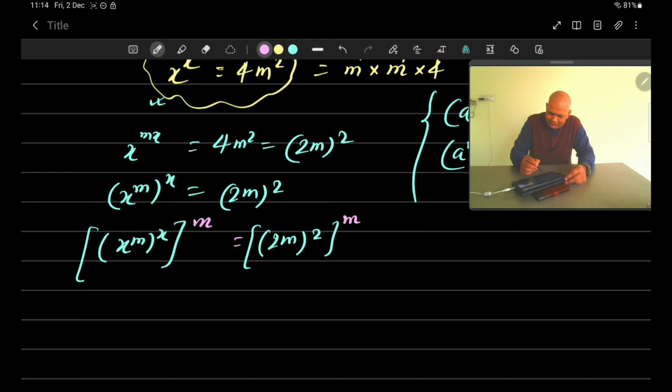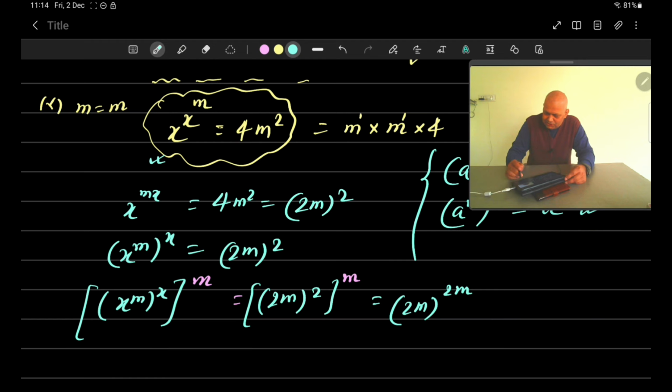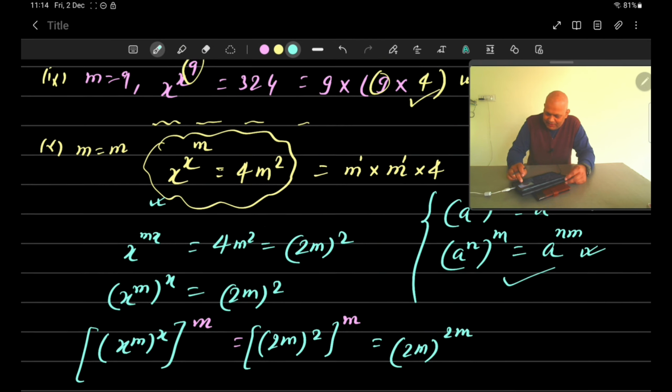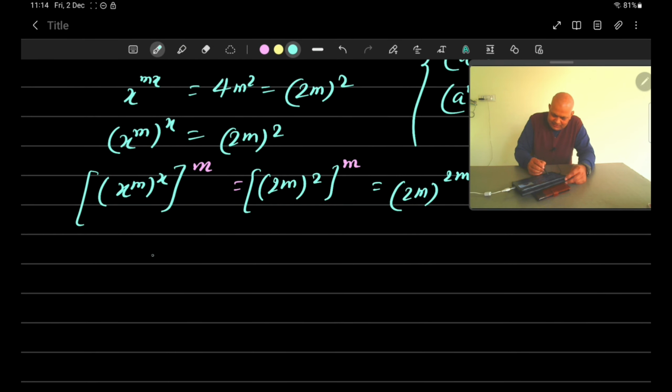Okay, now you can simplify it. (2m) whole to the power 2 times m by using this concept. Okay, so now you can write here (x to the power m) whole to the power (x to the power m), and that equals (2m) whole to the power 2m.